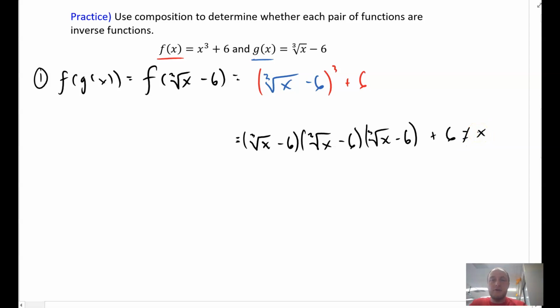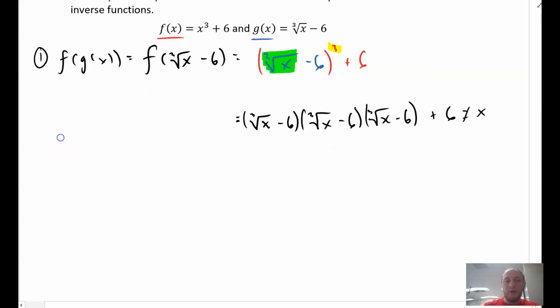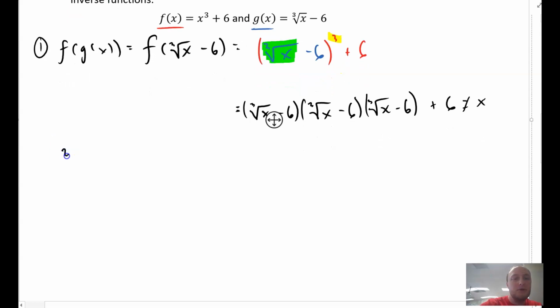If you wanted to, you could multiply all of these out, and that's some pretty nasty algebra. But here's what gives it away: inside the cube, I don't just have this. I have all this extra stuff, in this case just a minus 6, that's not going to reduce down. These are not inverse functions. And when one condition fails, both conditions fail.